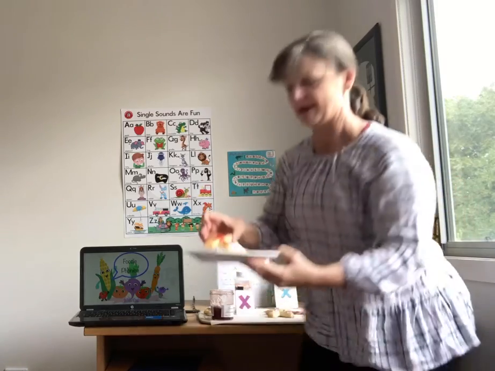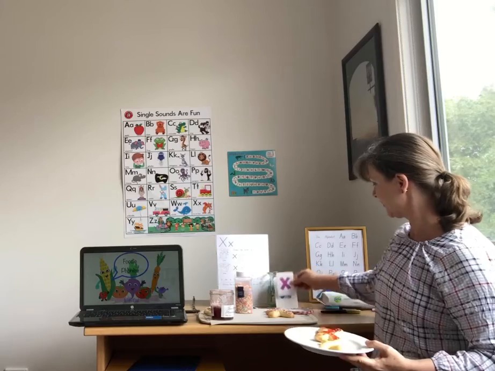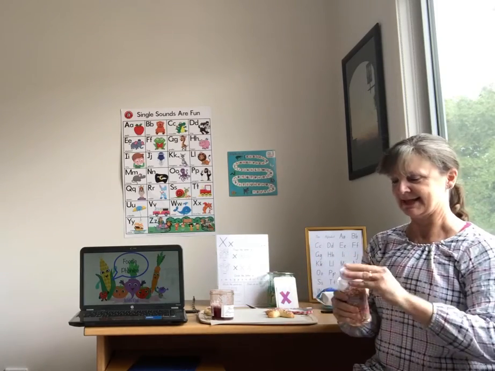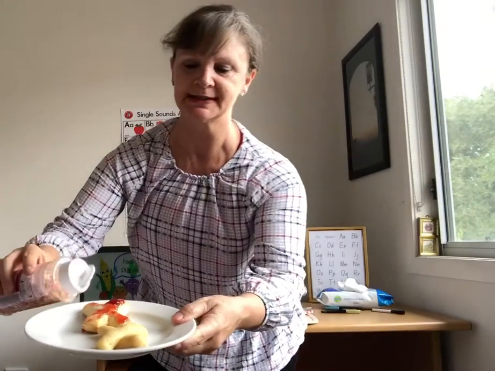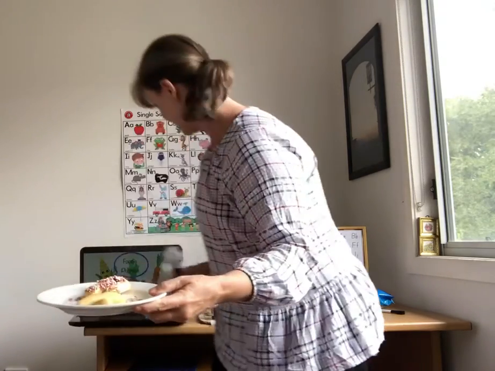There it is. My X-jammie with the jam on top. Now I'm going to sprinkle the sprinkles on top. Are you ready? Let's have a look. I'll bring it closer so you can see, but I don't want my sprinkles to all fall on the floor. And there you have a delicious X-jammie. Doesn't that look tasty?